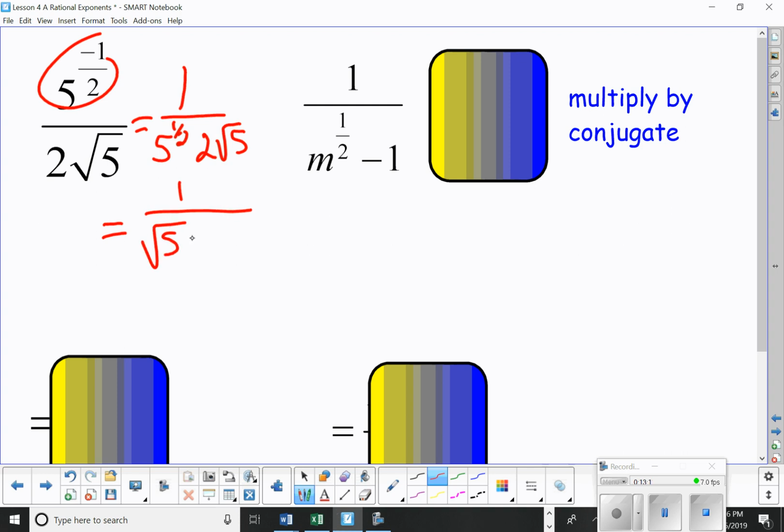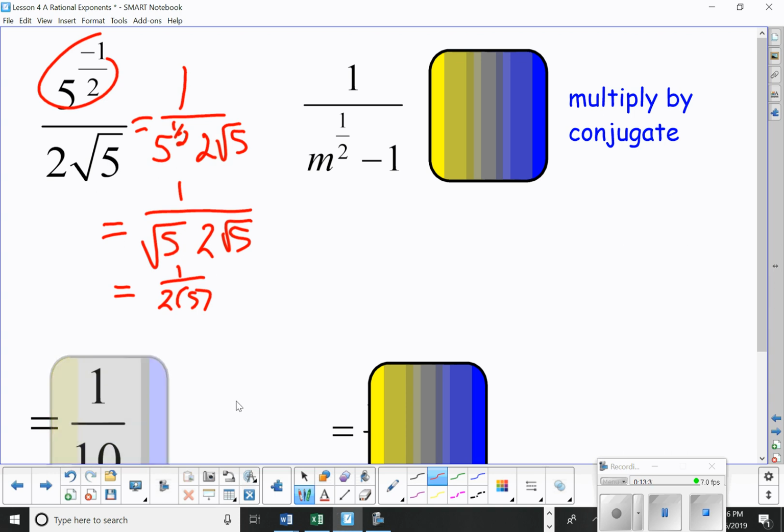So I have square root of 5 times square root of 5, and the square root of 5 times the square root of 5 is 5. So now I have 1 over 2 times 5, which is just, boom, 1 over 10. Nice, right? 1/10.